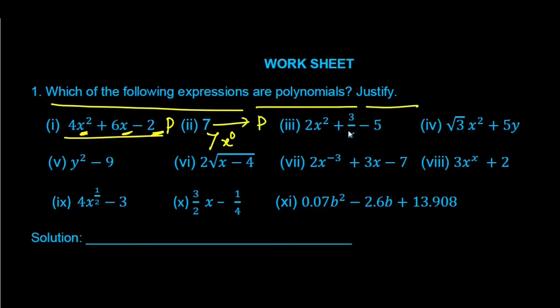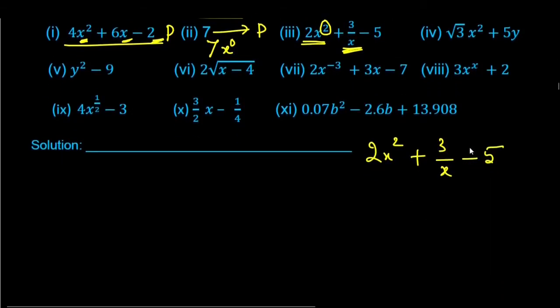Here, 2x square plus 3 by x minus 5. In 2x square, 2 is a whole number. Here in the second term, 3 by x, what is the exponent of this x? Here in this second term, we have the variable in the denominator.